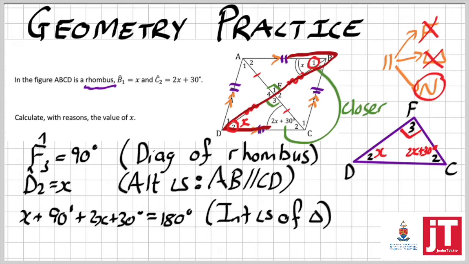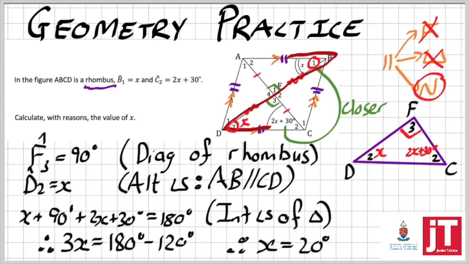And now I'm just going to solve for x. I'm going to transpose the 90 and the 30, and divide both sides by 3, and I get a value of x equals 20 degrees. As easy and as simple as that.